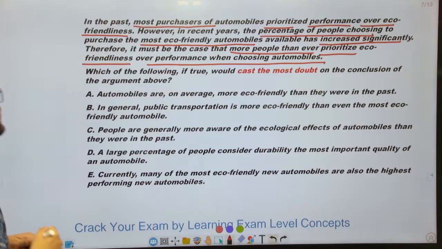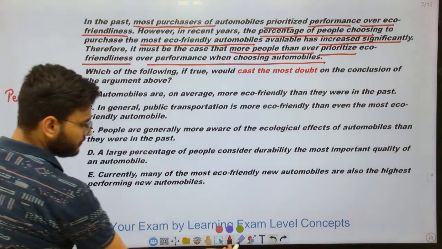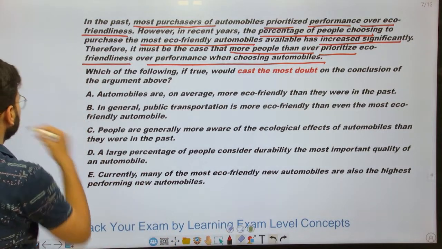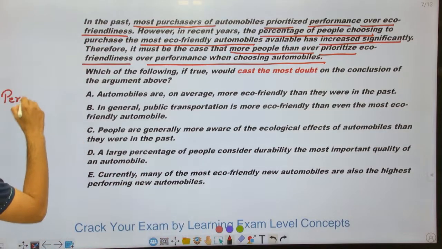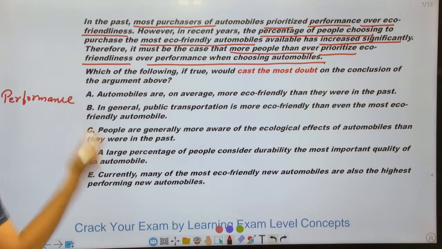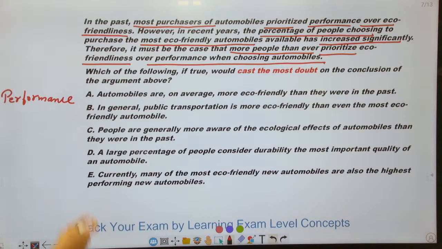Earlier, performance was the crucial factor over eco-friendliness.